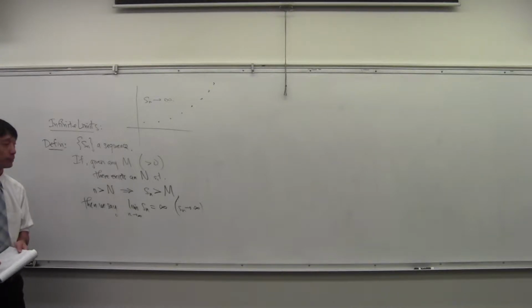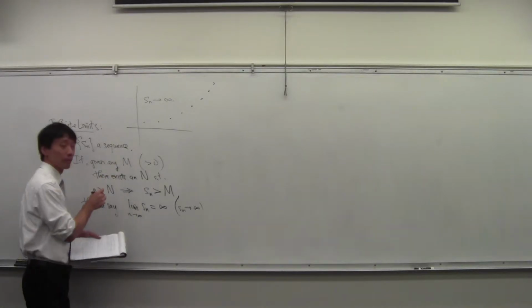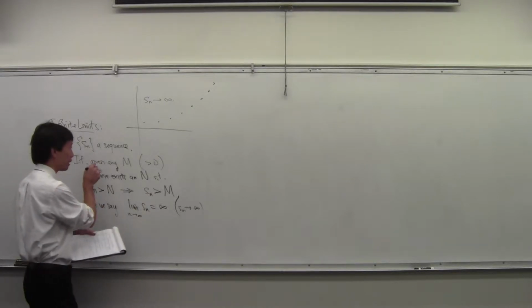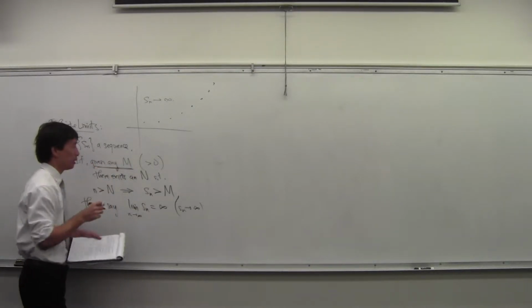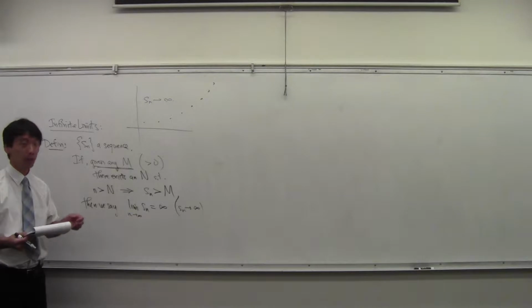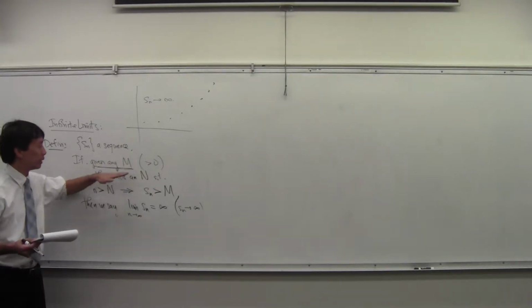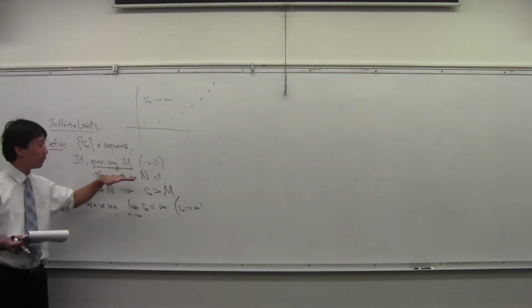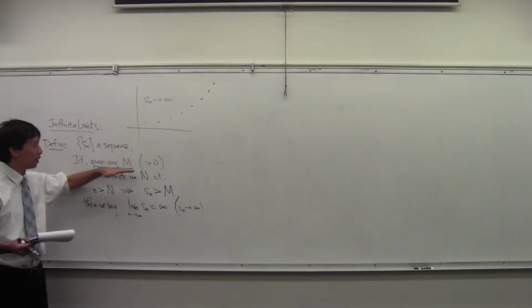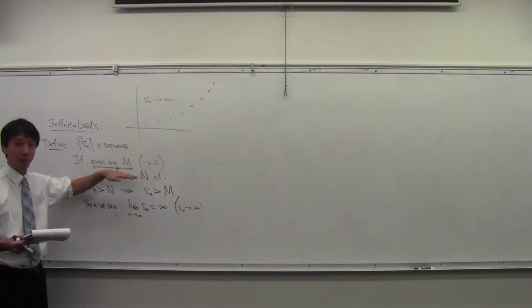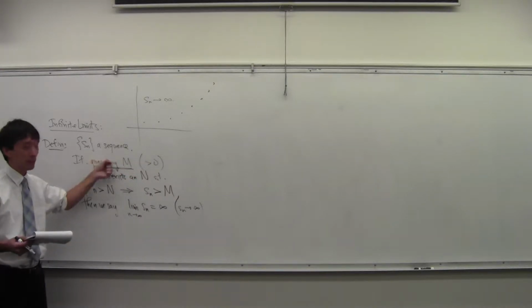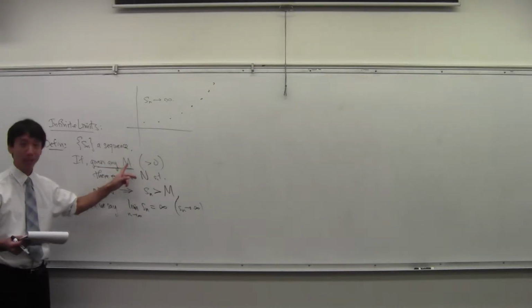Yeah? I'm a little confused, because what if your limit is 2 and you let M be 1? If I give you an M, then given any M, there's an N that satisfies it. Previously we played the epsilon-N game. Now we're going to say that your limit is infinity if you can play the M-N game.